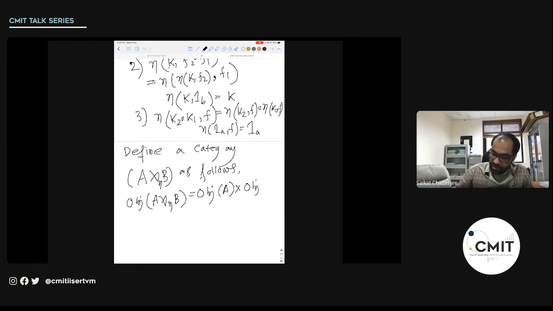So I want its object and morphism sets to be the same as the direct product of categories.